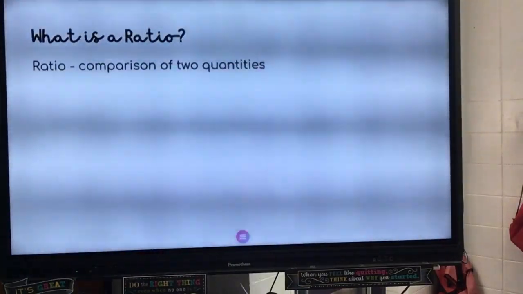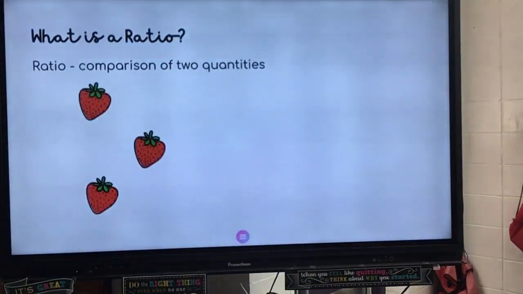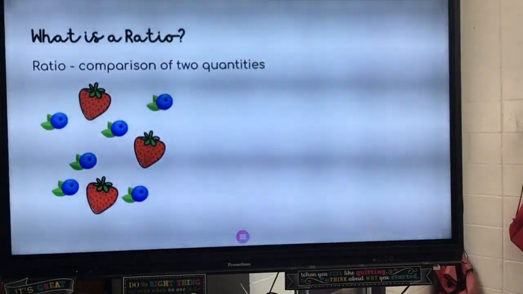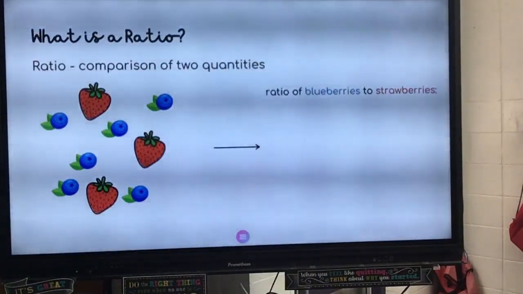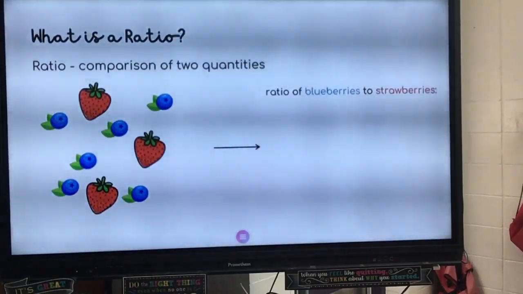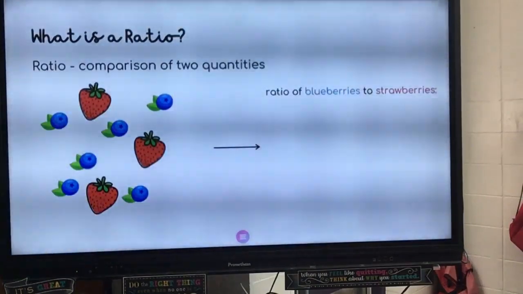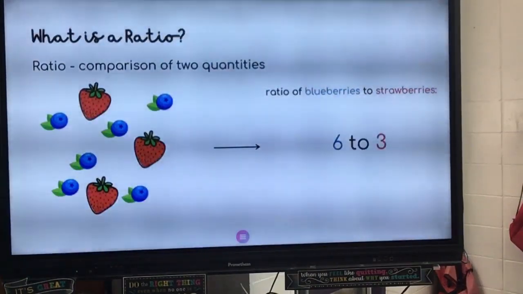If we look at another example, say I'm making this fruit salad and I want to incorporate some strawberries, but I like blueberries better. So I want a higher ratio of blueberries to strawberries. If you see here, I have 1, 2, 3, 4, 5, 6 blueberries and 1, 2, 3 strawberries.